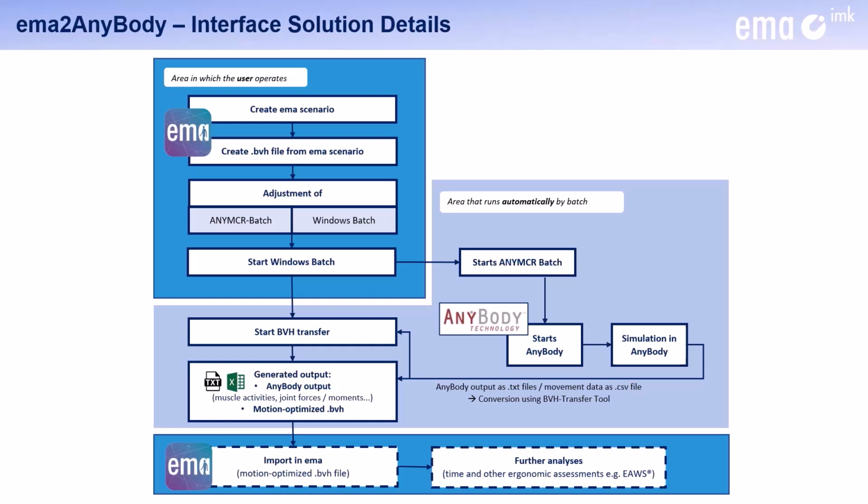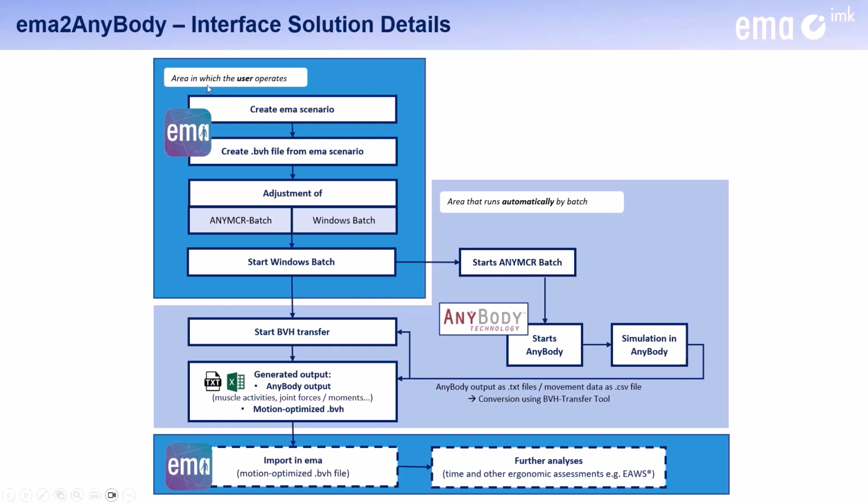A user wants to do the ergonomic assessment fast and quickly. Here you see the workflow. The blue block is an area in which the user operates, where manual things need to be done. And the light blue block runs automatically in the background.